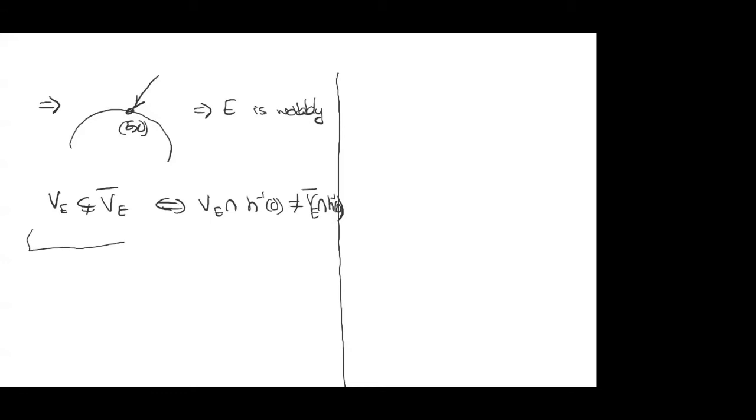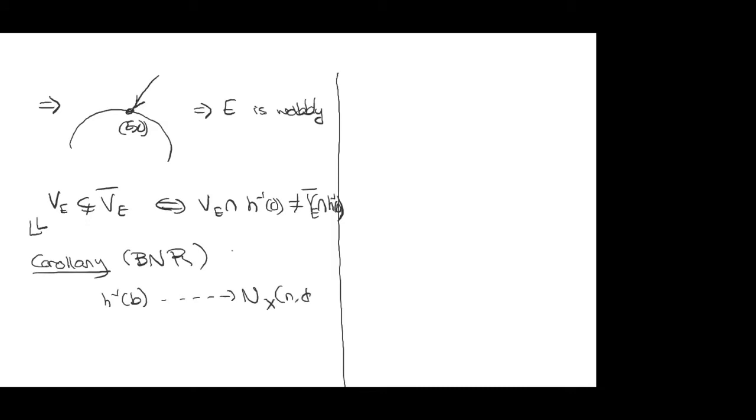Right, so the first corollary we get from this theorem is the following. As I said, it's due to Bovil, Narasimhan, and Ramanan for generic fibers. But it holds for any fiber. And why is that?